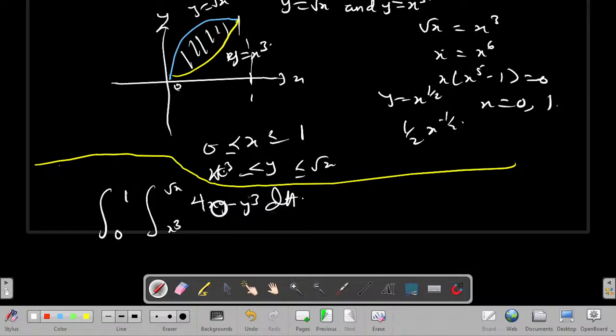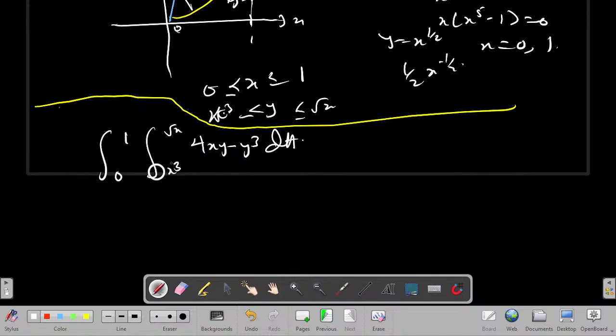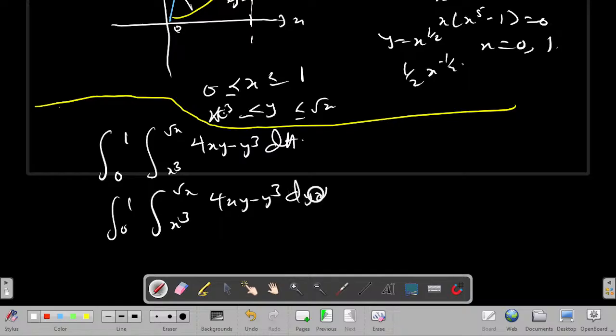Now, since our dx is the outer, we simply say integral 0 to 1 of 4xy minus y cubed dy dx. As simple as that. So you integrate this with respect to y.